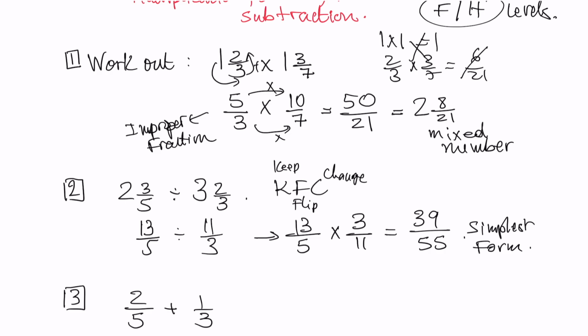And to get the same denominator, the easiest way is to multiply the denominators by each other. So you do 5 times 3 is 15, and 3 times 5 is 15. But whatever you do to the denominator, you have to do to the numerator. So you need to multiply the 2 by 3 as well, and 1 by 5.